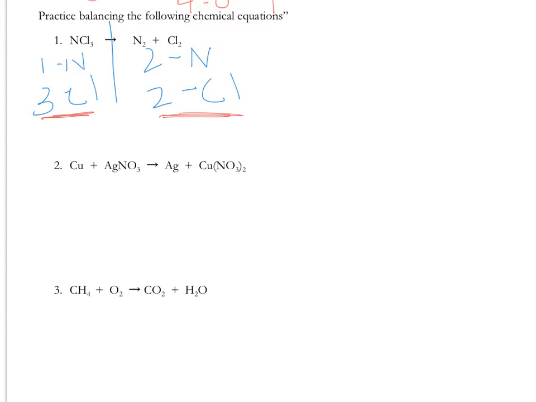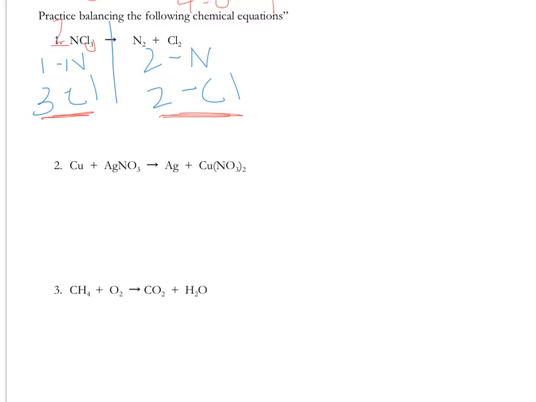To balance this, we want to use the lowest number ratio, and the lowest common multiple of 2 and 3 is 6, which means we're going to try to get 6 chlorines on both sides of this equation. When I look at the left-hand side, I want to think what number, multiplied by 3, is going to give me 6.